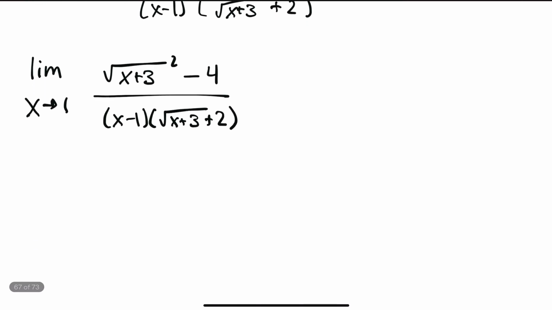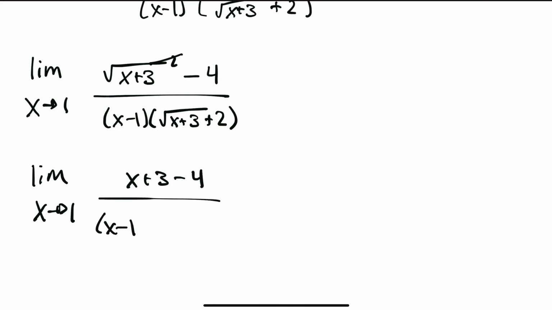And so now if we have the square root of something squared, that square root cancels out. So going back to our problem, we have the limit as x is approaching 1 of x plus 3 minus 4 in our numerator divided by x minus 1 times the square root of x plus 3 plus 2. So looking at this problem, if I take 4 away from 3, I'm going to end up with negative 1.